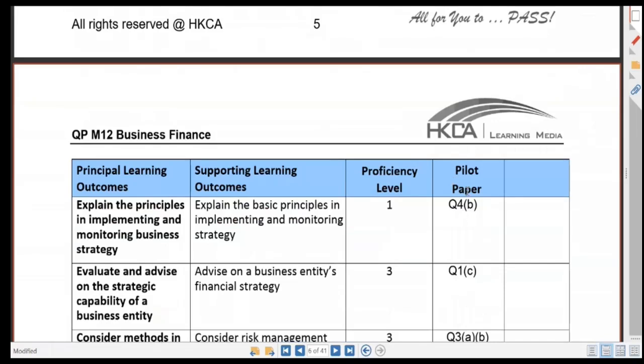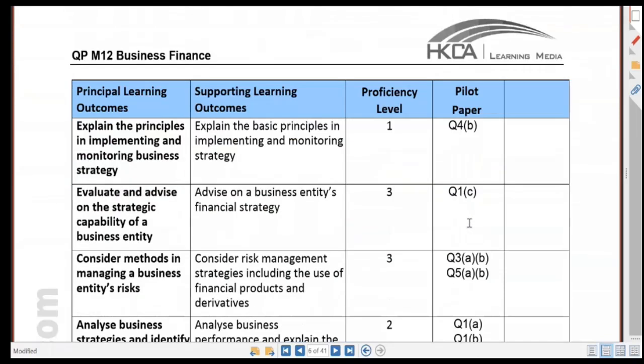This is in reference to the pilot paper, for your reference only. In the pilot paper, at the end of the welcome pack, you have question 4, part B. That is level 1. You just have to explain the business strategy only. Then you have question 1C, which we will look at later, that needs proficiency level 3.